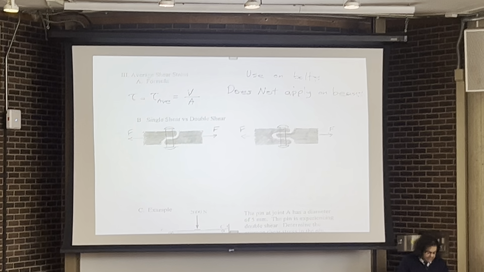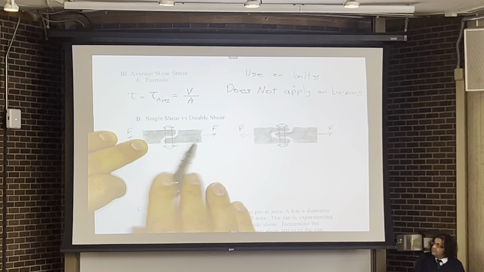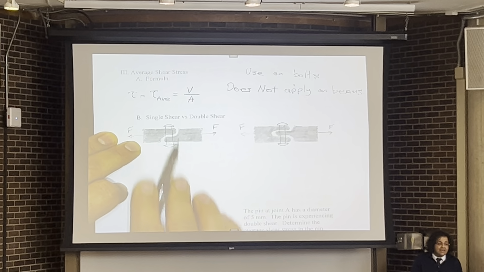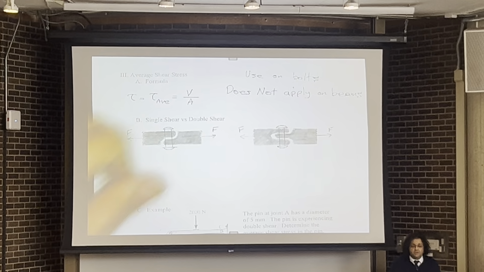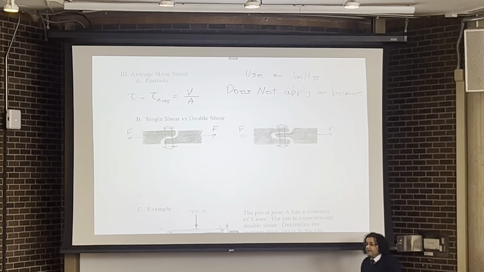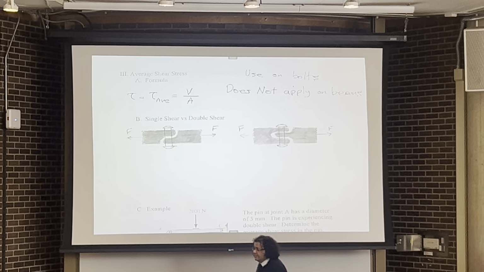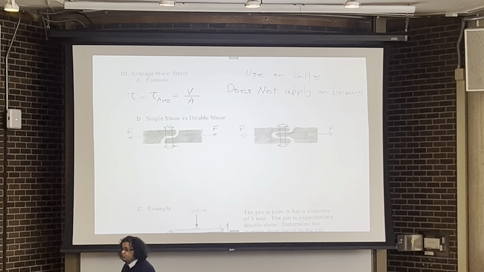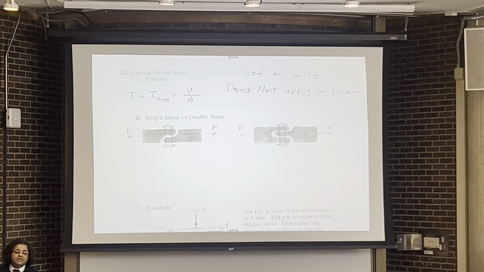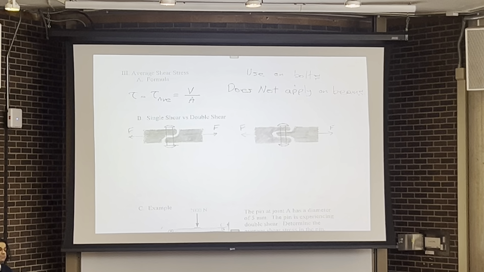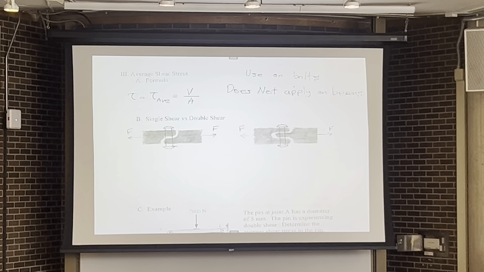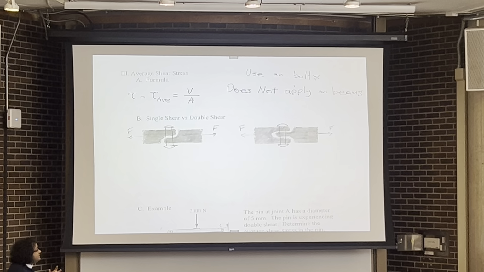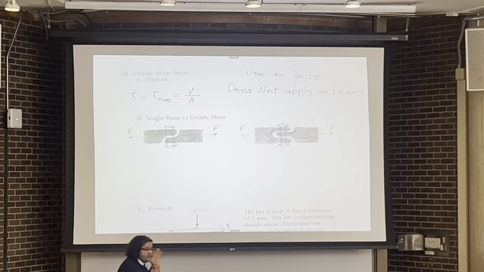For example, let's take a look at these two parts that are connected with this bolt over here. One of the most commonly used joints in engineering systems, especially in machinery systems. Those of you who are from mechanical engineering, I think you see that example in your machine design course.